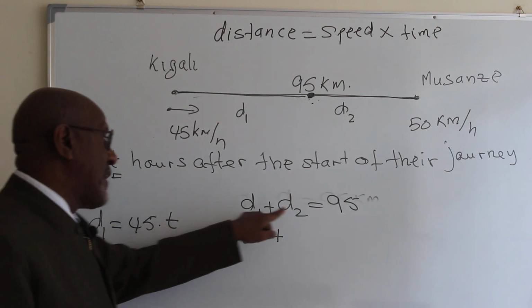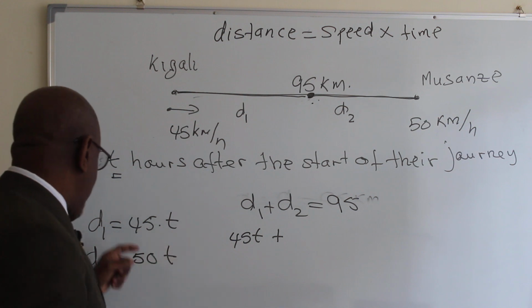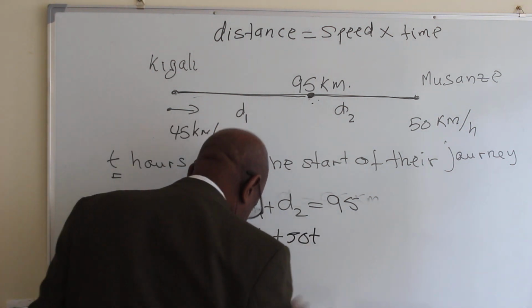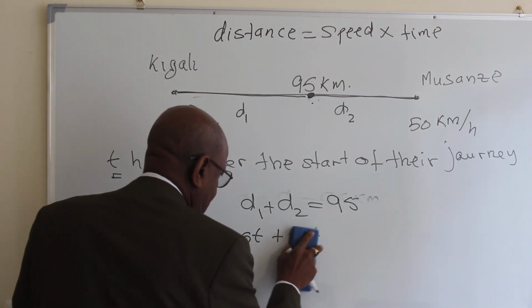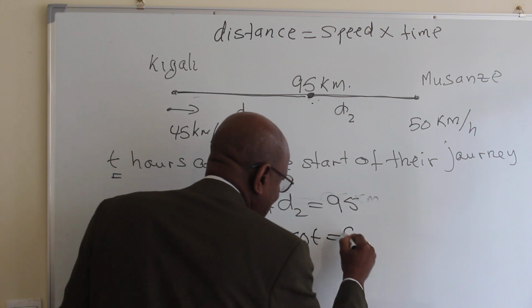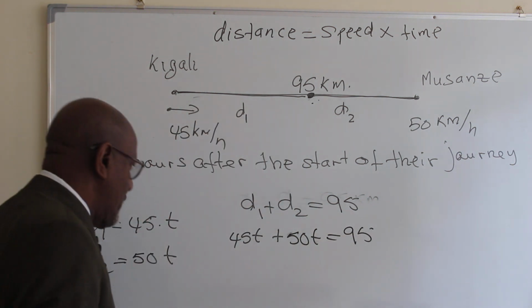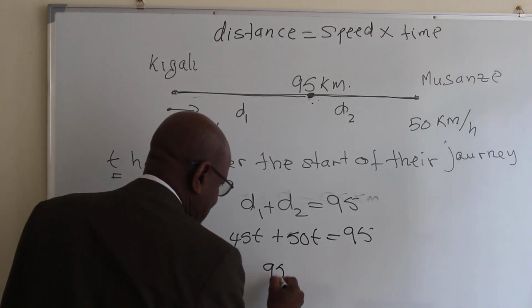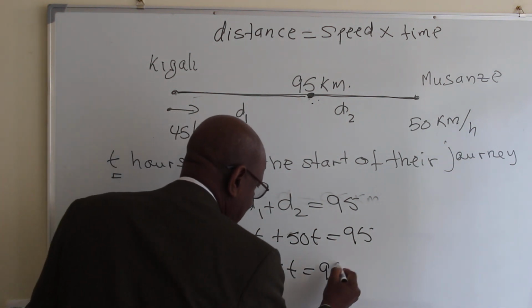But we said that D1 plus D2 is 95. So 45t plus 50t would be equal to 95. So 45 plus 50, that happens to be 95t, would be equal to 95.